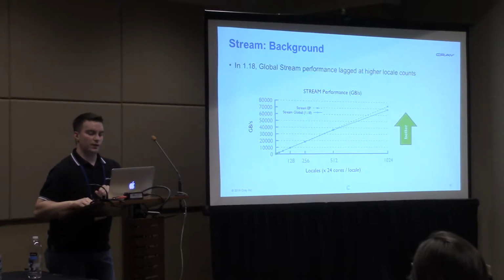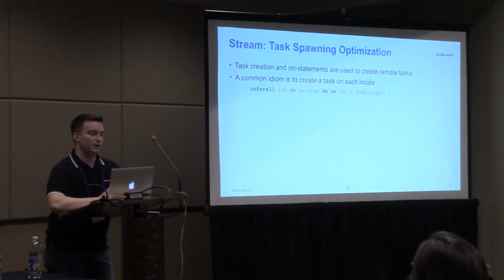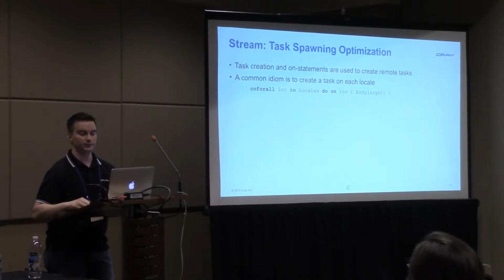So digging into this, the overhead was because of the task spawning. And as you've already seen, these task creations plus on statements are used to create remote tasks. So this really common idiom that you see is the code forall loc in Locales do on loc. This will create a task on each locale, and then you're going to execute some body with some number of arguments.